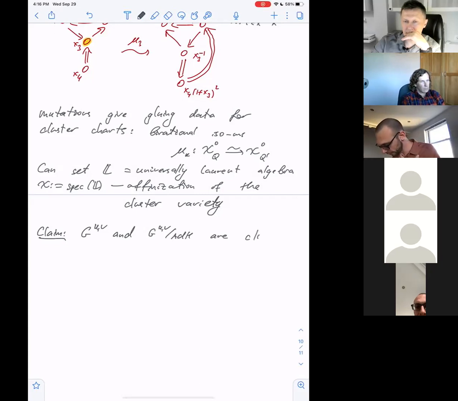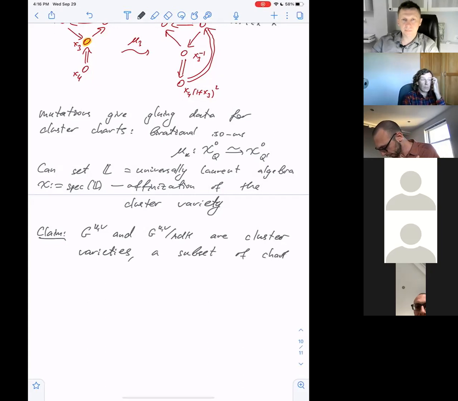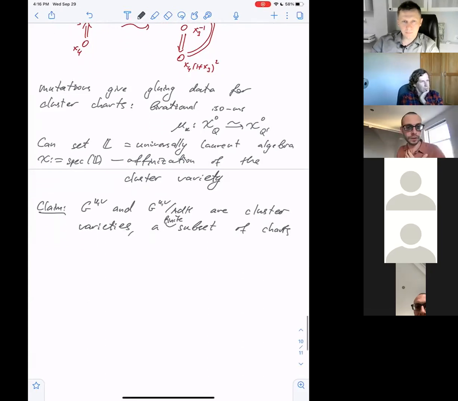So they're affine and they're cluster varieties. And a finite subset of charts is parametrized by double wild words.